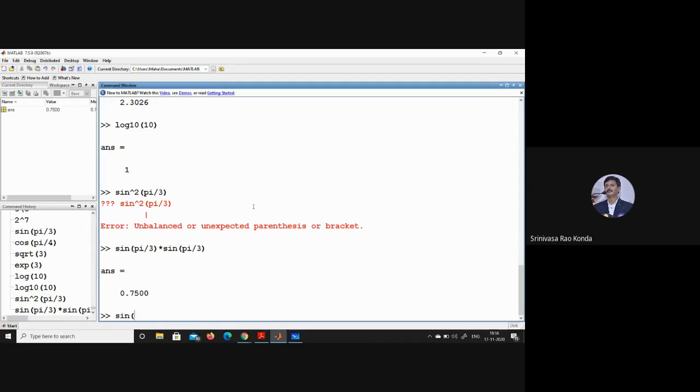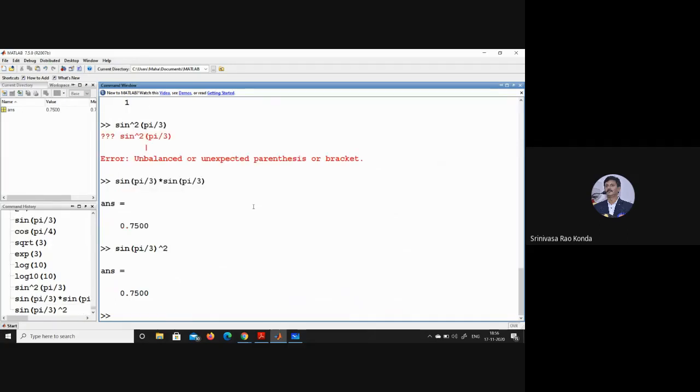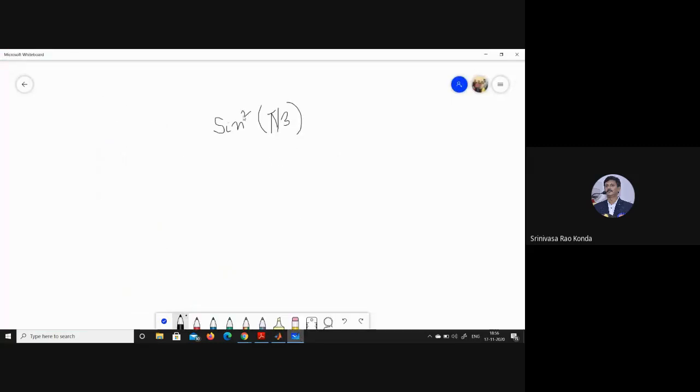Somebody has given the answer sin pi by 3 whole square, that is 0.75. Am I correct or not? Sin square pi by 3 means sin pi by 3 whole square. We have to give it like this, then only MATLAB can understand the command. There is no sin square function in MATLAB.